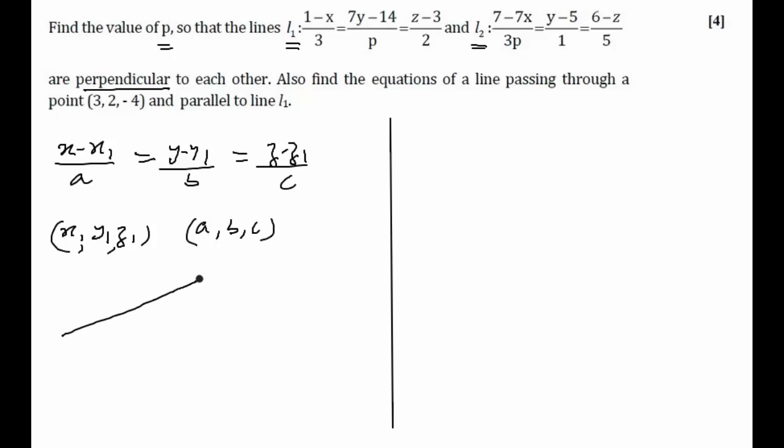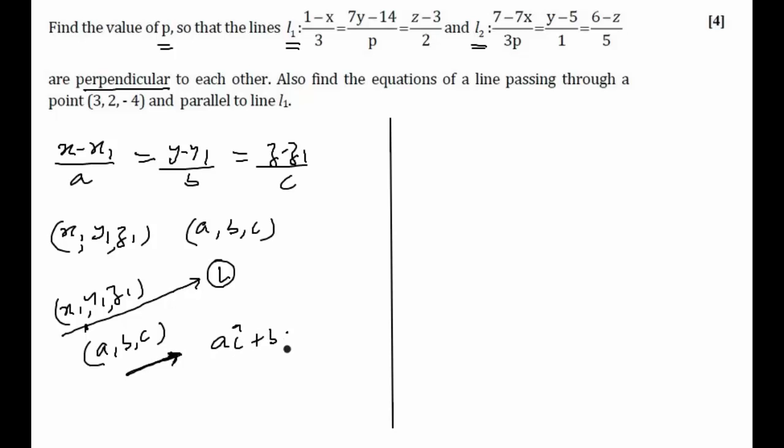So if there is, let us say, this general line L, then it passes through this point (x1, y1, z1), and if it has direction ratios a, b, c, then a vector in the direction of L can be written as a i cap plus b j cap plus c k cap. This much knowledge is sufficient to solve this particular question.